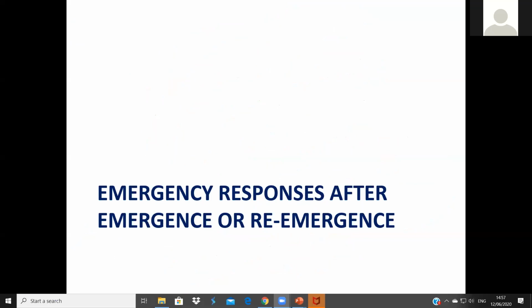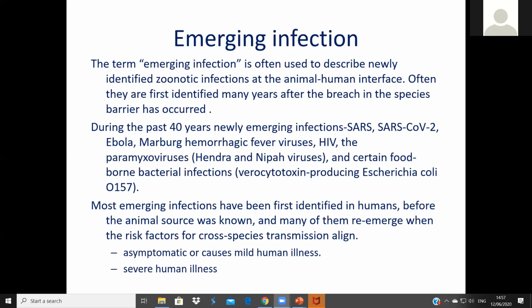Now, whenever these diseases emerge or re-emerge, then there are emergency responses. Emerging infections are described as newly identified zoonotic infections at the animal-human interface. We talked about interface.